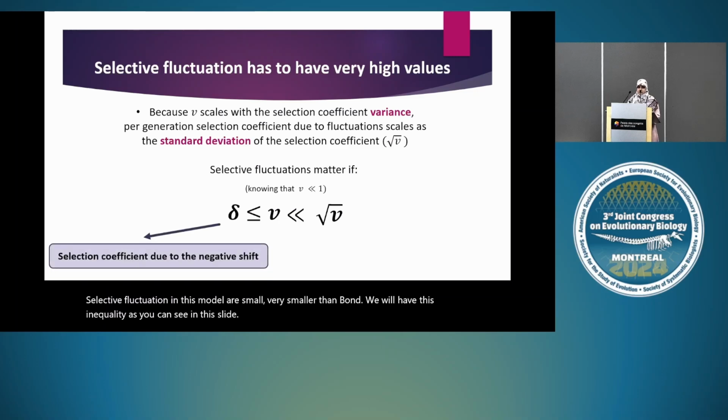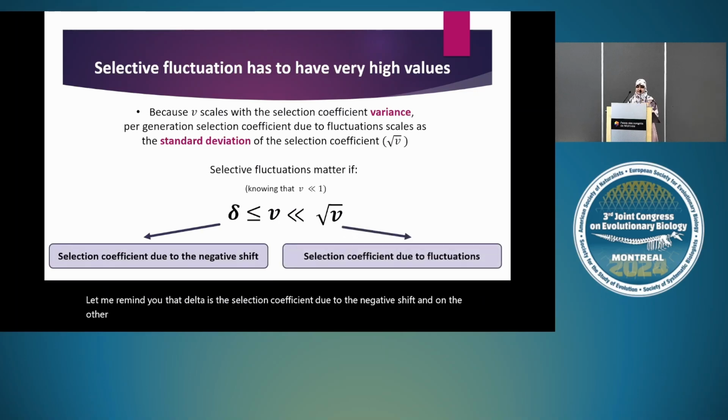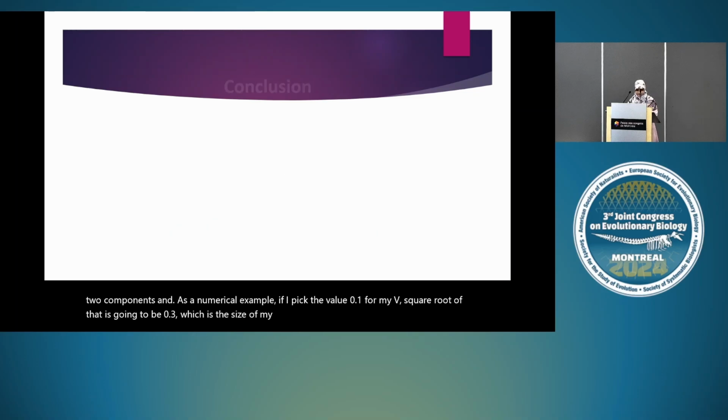Let me remind you that delta is the selection coefficient due to the negative shift, and on the other side, the selection coefficient due to the fluctuation is the square root of V. So I have these two components, and as a numerical example, if I pick the value 0.1 for my V, the square root of that is going to be 0.3, which is the size of my selection coefficient.